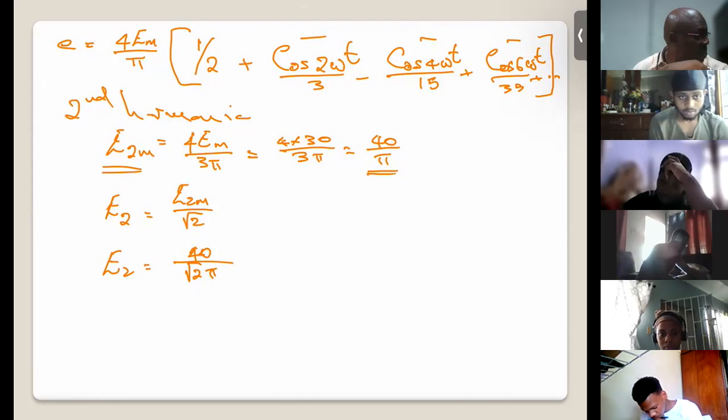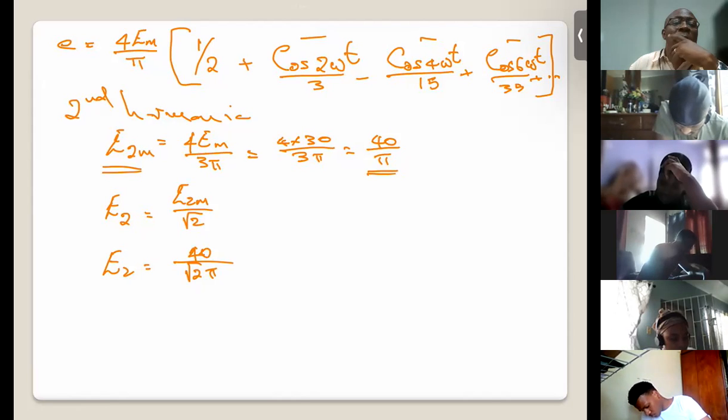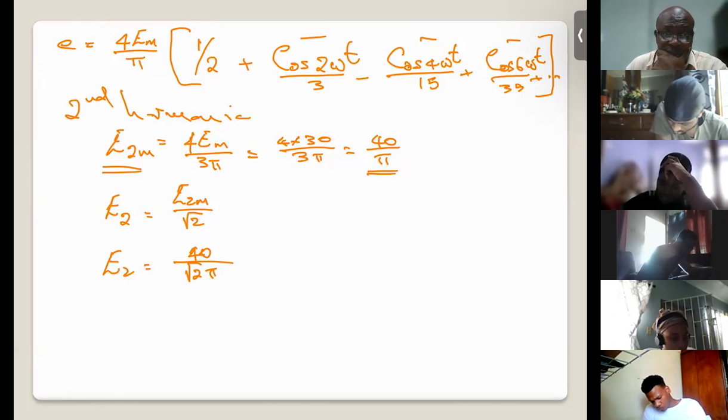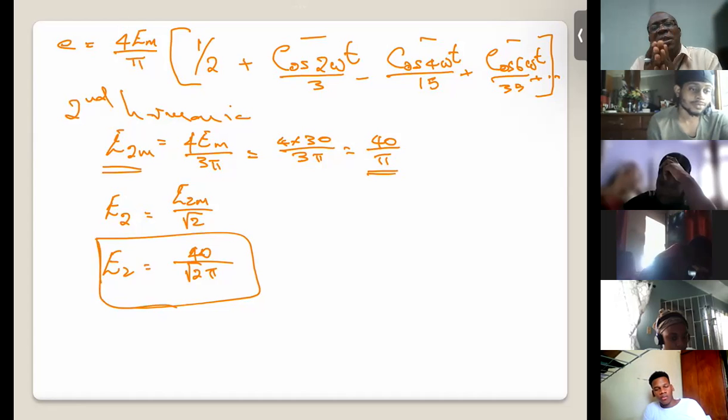All right? Okay. Now, any questions? Remember what we're asked for, it's just the RMS of the harmonic components. It's not the RMS of the waveform, just the RMS of each component.